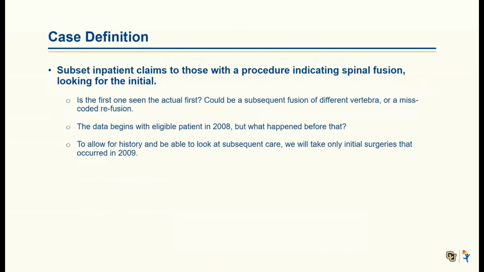Where were they before 2008? Probably still in Medicare. But in this data, I have no visibility of what happened before that. This may not be their first surgery. Perhaps other vertebrae needed to be fused prior. Or perhaps they had a fusion on December 1st, 2007, which failed, and then they came back in January, and that is the initial surgery that we see.